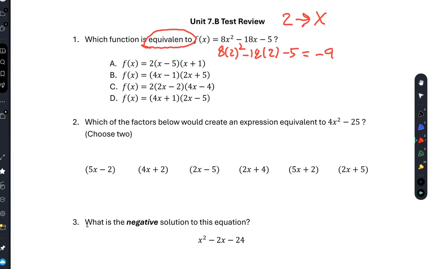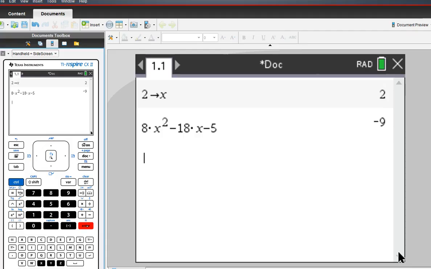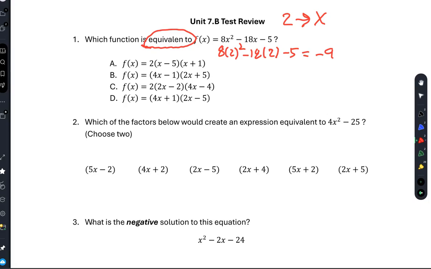I'm going to try B first, okay? So parentheses, and it's 4x minus 1, close parentheses, and 2x plus 5, close parentheses, hit enter. Notice it's 63 in it. This is not the answer.